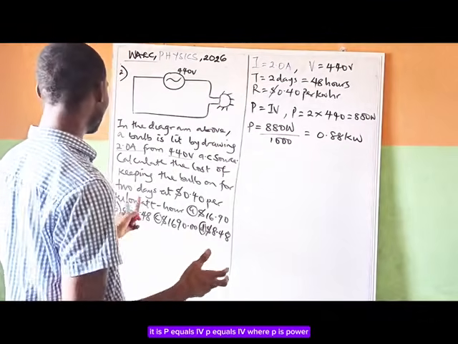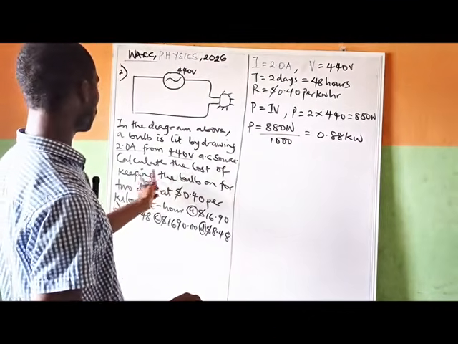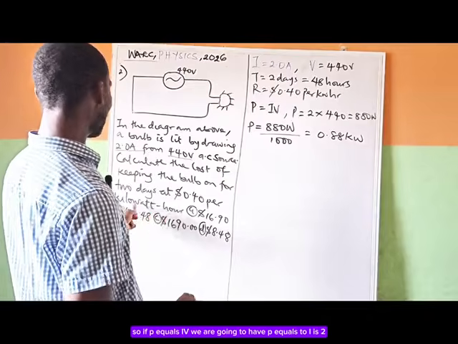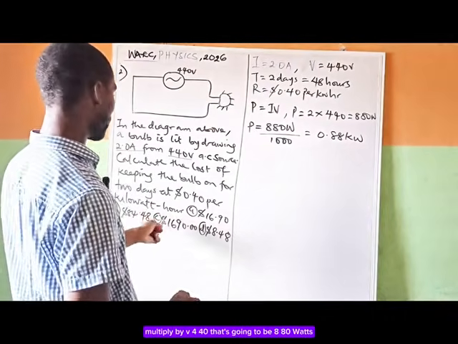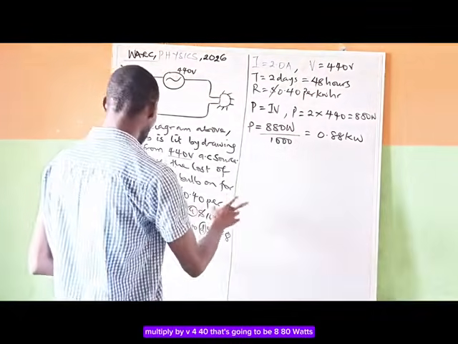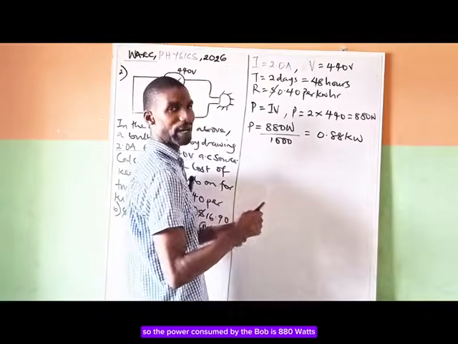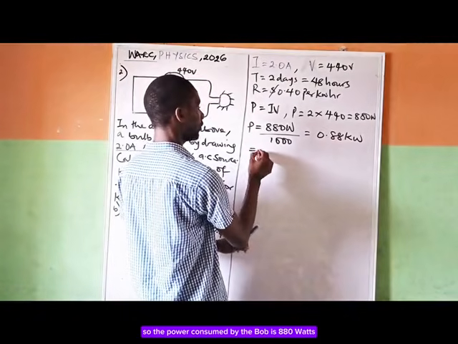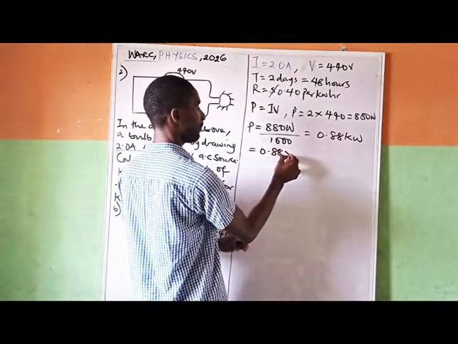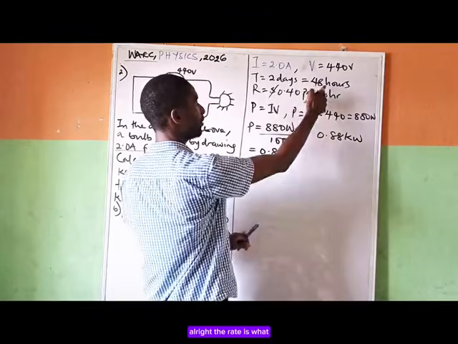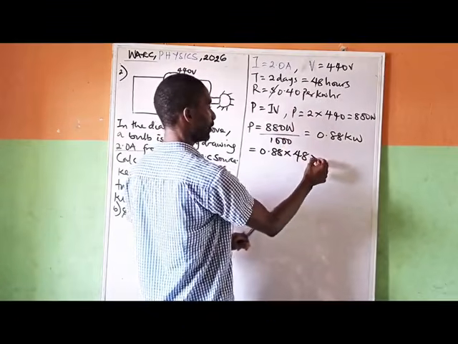Now the next thing is that they said calculate the cost of keeping the bulb on for 2 days at 0.40 per kilowatt hour. So what you just need to do, look at it, kilowatt hour. So the cost is going to be 0.88, the power in kilowatts, times the hours, which is 48 hours.